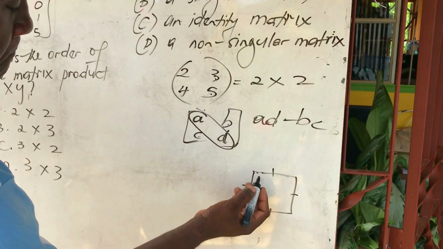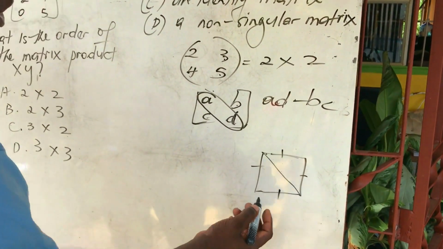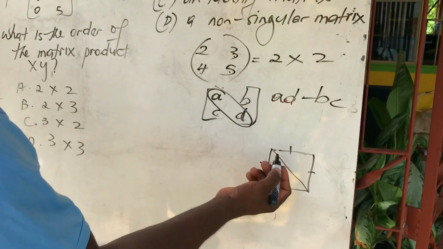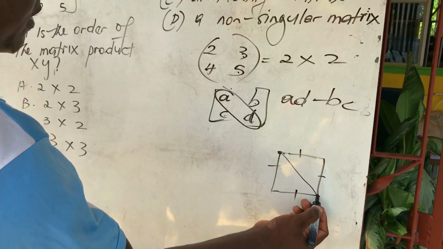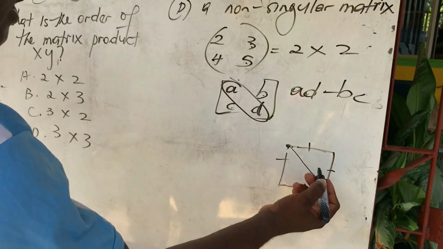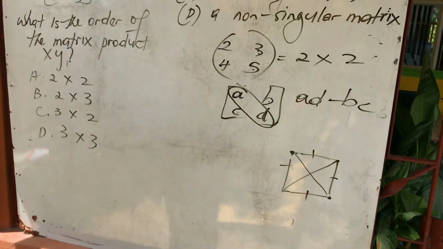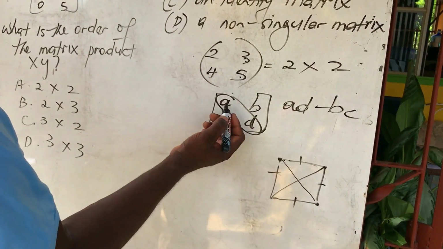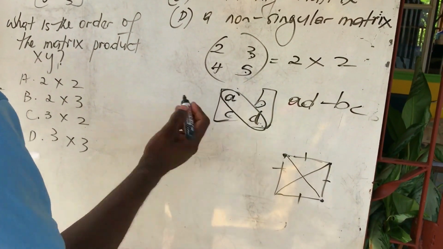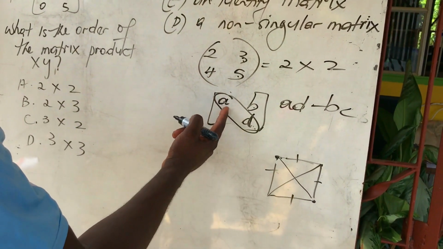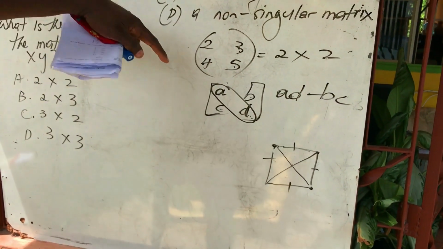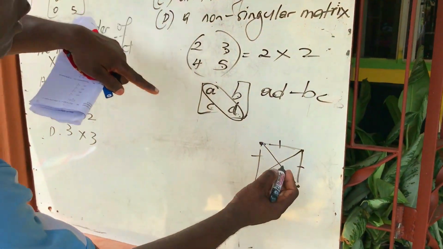Now if we look at a square as a quadrilateral having 4 equal sides, then clearly we know from previous information that if we draw a line straight from this vertex to its opposite vertex, then this is a diagonal, and then this is also a diagonal. What I've just done is representative of a diagonal. But we refer to the diagonal that runs downwards from left to right as our main diagonal.